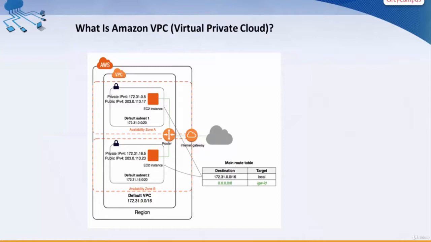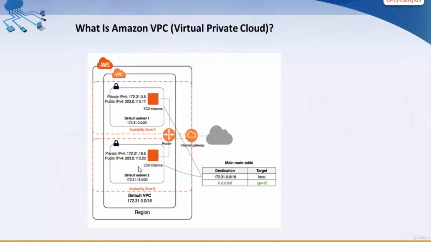Subnets can be of two types, depending on how we configure them. They can be public facing subnets, or they can be private subnets. Look at this. If I'm putting my web servers in this subnet, obviously web servers need to be internet facing, so they become a public subnet.